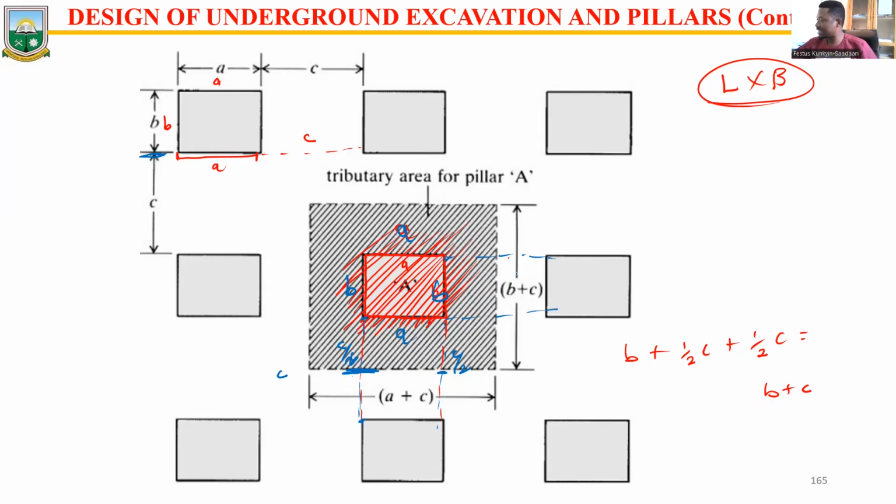So I know this distance to be C, and this one is going to take half of that C. And when it comes to this dimension too, it takes half of it.